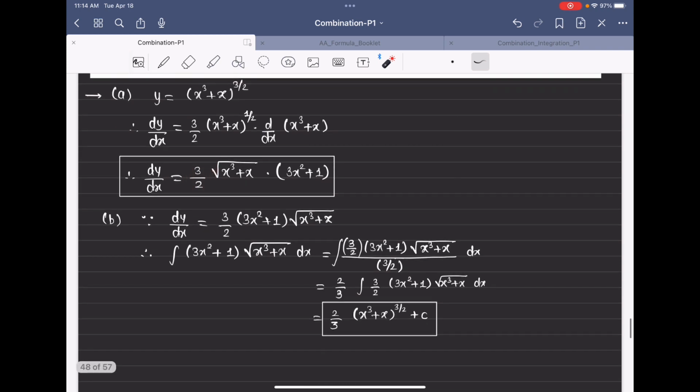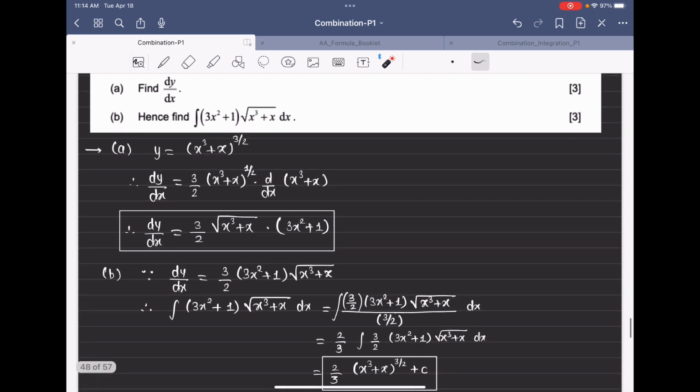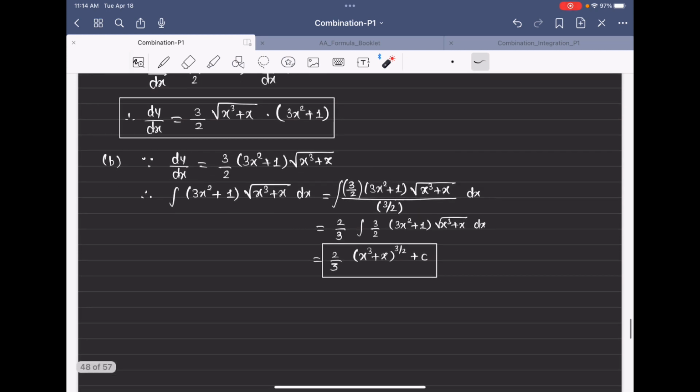So I'm writing the same thing again here, and I'm writing the actual problem: integration of (3x square plus 1) into root of x cube plus x times dx. Actually the derivative contains 3 by 2, which we don't have. So I'm multiplying the same term by 3 by 2, and since 3 by 2 is not in the actual problem, I'm dividing by 3 by 2.